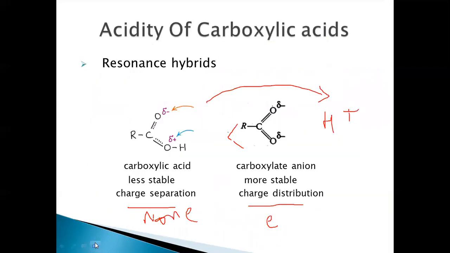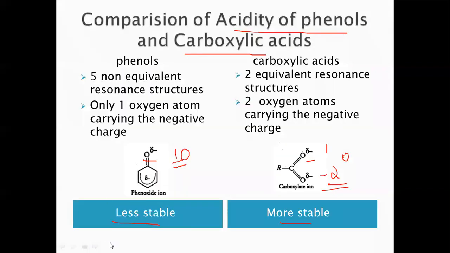So there are 5 resonance structures which are possible for this, and here 2 equivalent, here 5 non-equivalent. Even though the number of resonance structures is more here when compared to that of the carboxylate anion, since these are equivalent for the carboxylate anion, this is more stable when compared to the phenoxide ion.